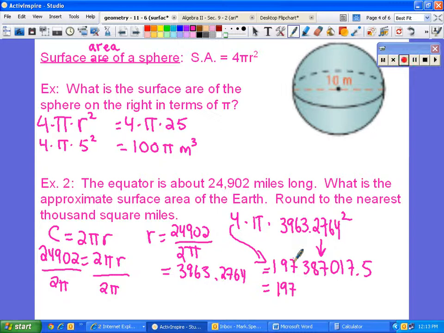So what's the last non-zero? Very good. That is the answer. So the surface area of the Earth is a little more than 197,000 square miles. Is that real? Yeah, because that's really about how big the equator is.